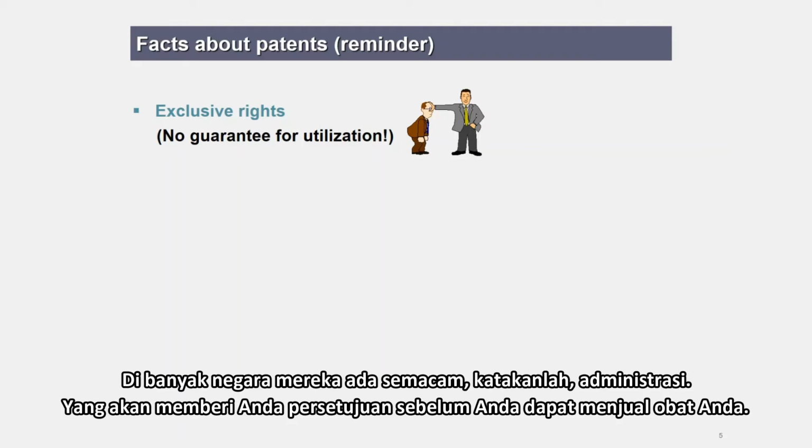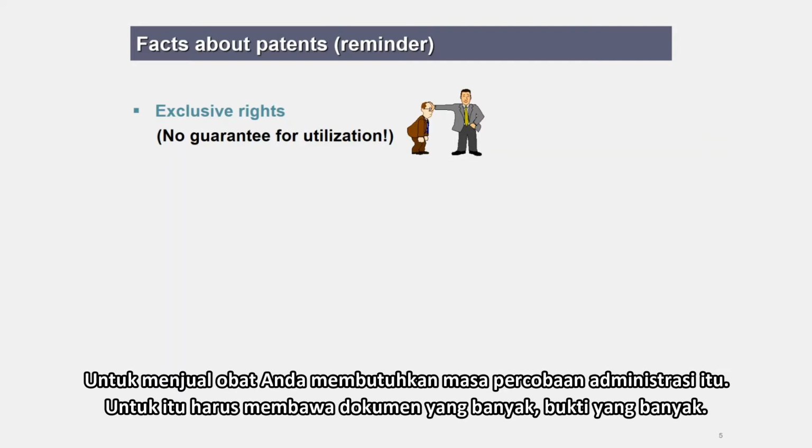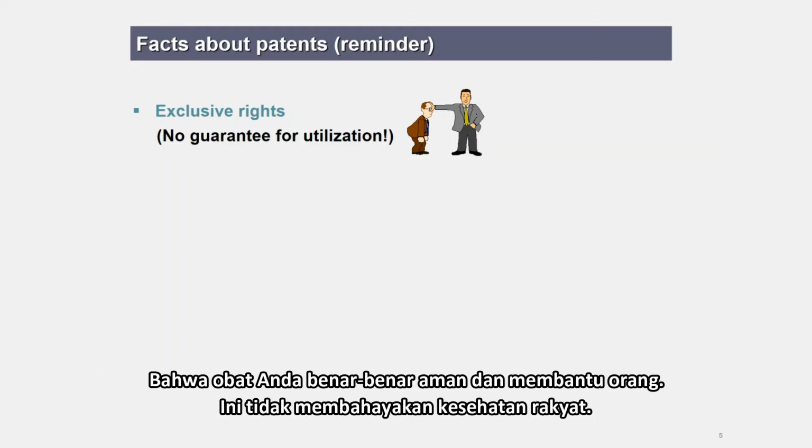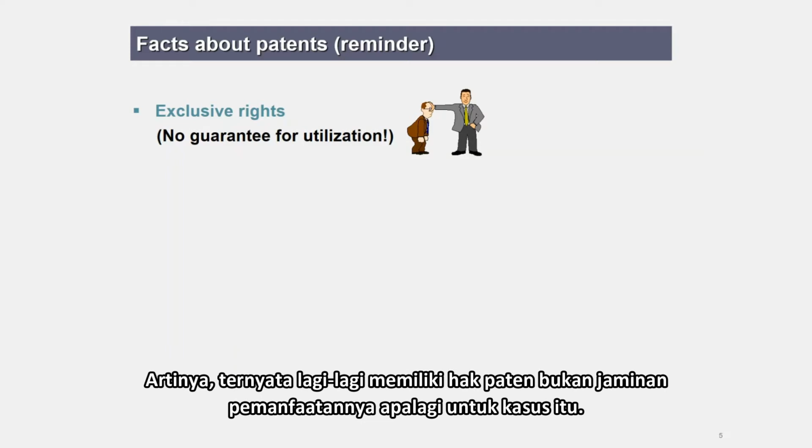In many countries, there exists some sort of administration which shall give you the approval before you can sell your drug. So to sell a drug, you need the approbation of that administration. For that, you have to bring a lot of documents, a lot of proof that your drug is really safe and helps people, and is not a danger to the health of the people. So that means, again, having a patent is not a guarantee for the utilization, especially in that case.